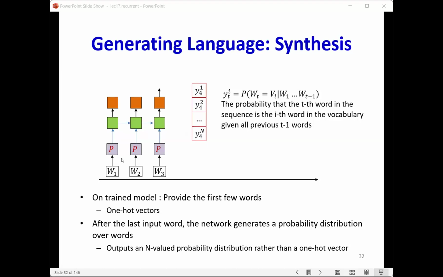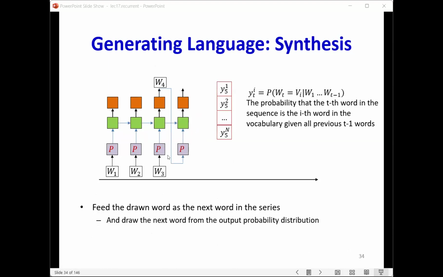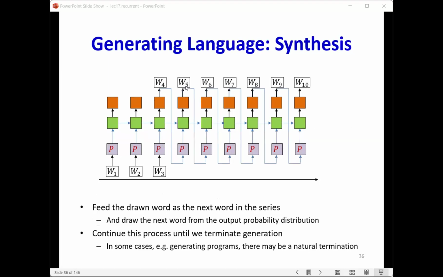So fourscore and then based on these at time 3, the model would compute a probability distribution for the next word. And then from this distribution, you could sample a word and then feed that back in. And now you have 4 words going in, and the network is going to compute the probability distribution for the next word from which you can draw a sample and keep doing this until you stop.